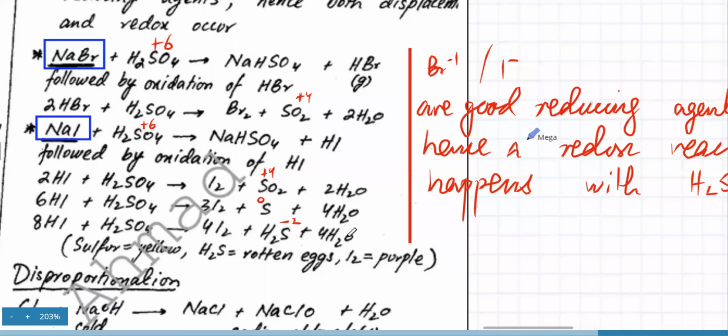I'm also going to add that I- is an even more powerful reducing agent compared to Br-.